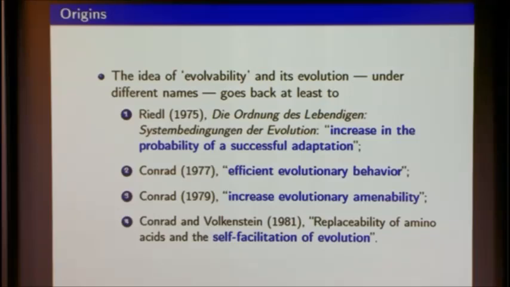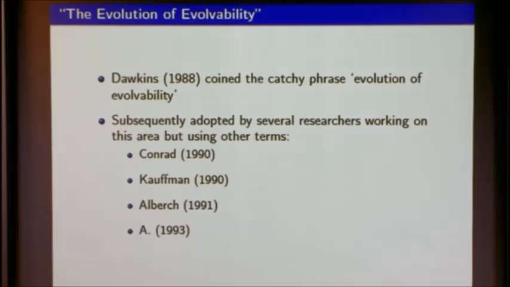And then Michael Conrad, in a series of papers, used different terms to refer to it: the efficient evolutionary behavior, increased evolutionary adaptability, and then the self-facilitation of evolution. So Dawkins, in his 1988 paper in the first Artificial Life book, coined the catchy phrase, evolution of evolvability. And subsequently, this phrase was adopted by several researchers working in the area, but using other terms.